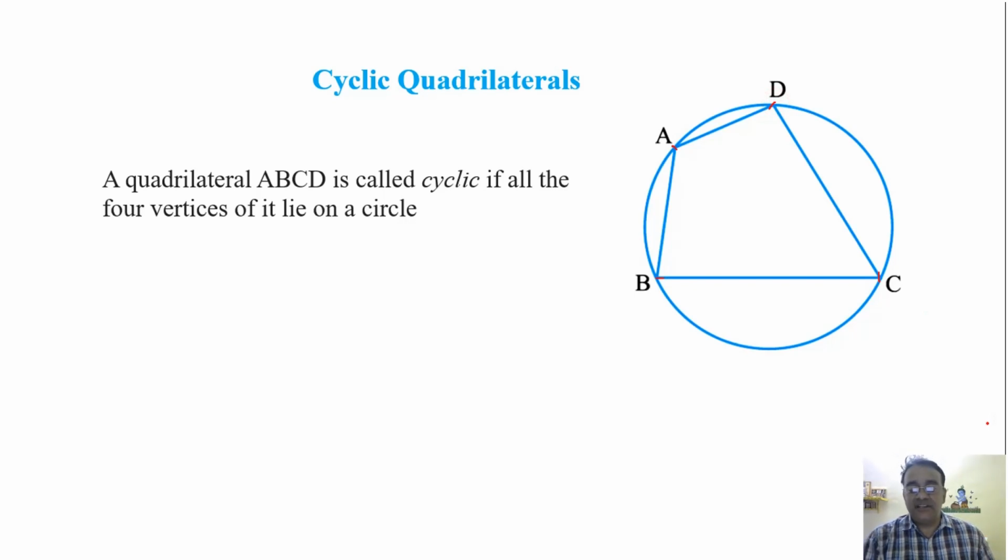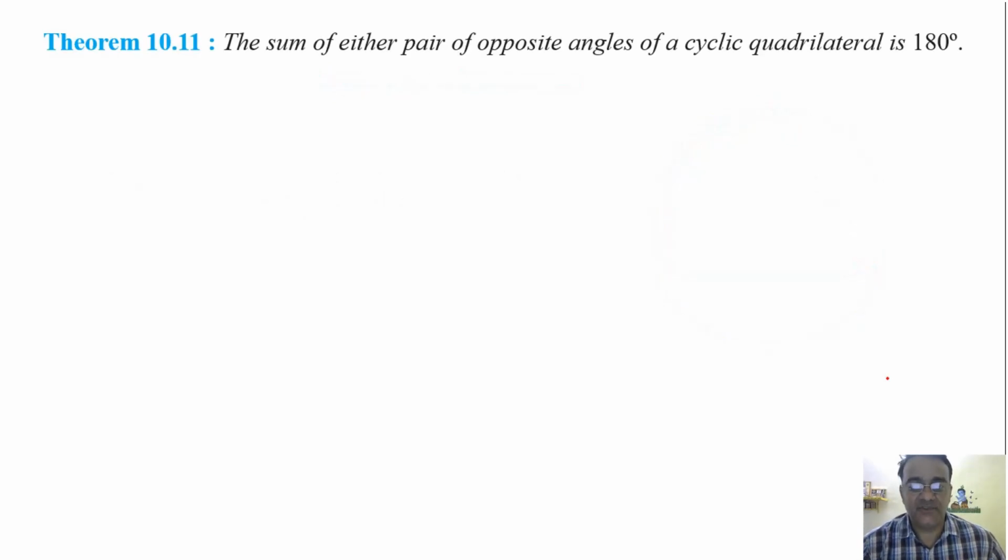And with respect to cyclic quadrilaterals, we have one very important theorem: the sum of either pair of opposite angles, these two angles or these two angles, is equal to 180 degrees.